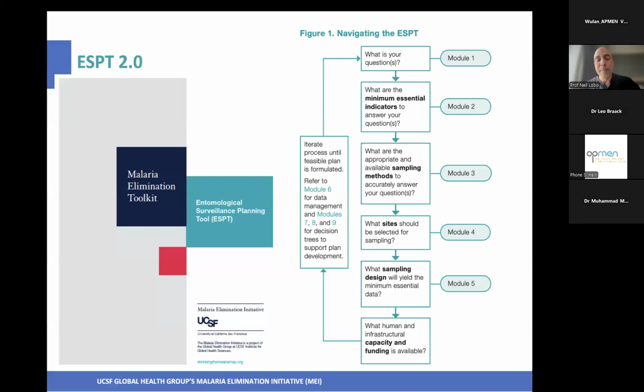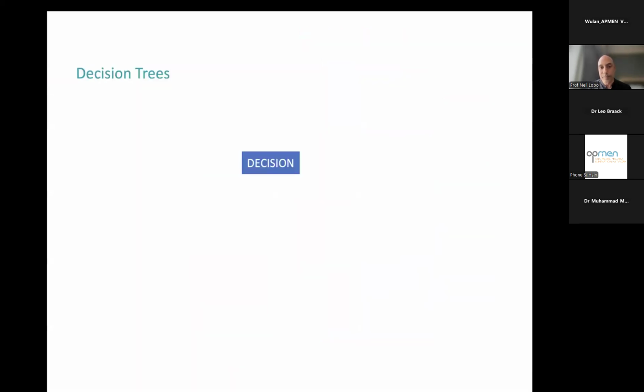And I'm sure like 95% of you are saying, this is common sense. And that's exactly what this is. How do we apply common sense to entomological sampling to get the best data we can within the budget we have to answer our question, to make the best decisions moving forward and protect our populations?